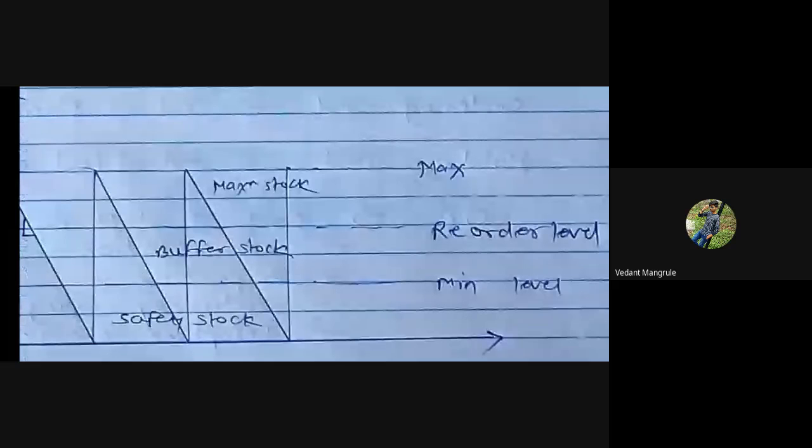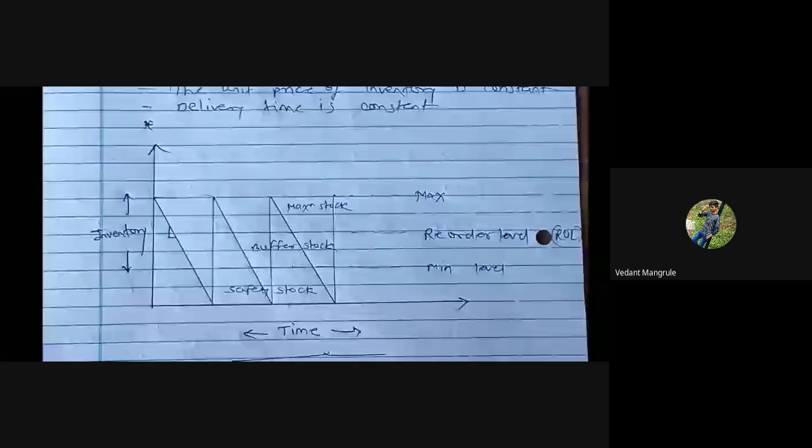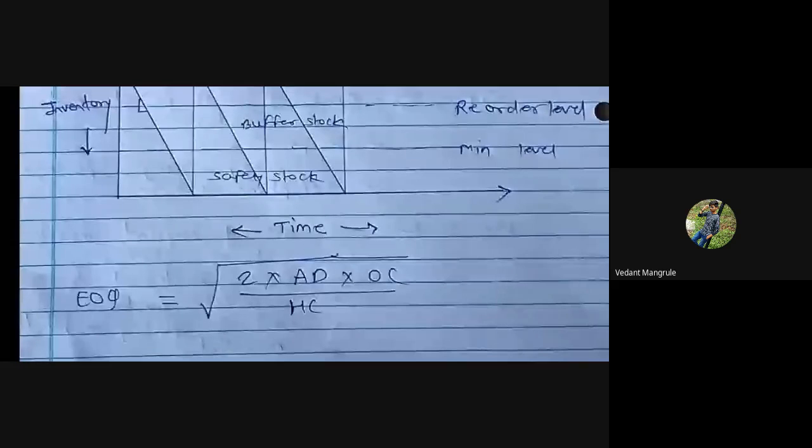Okay, so the EOQ. What is the EOQ formula? It is equal to the square root of 2 into annual demand into ordering cost divided by holding cost or carrying cost. This is a very important formula and a very important problem.